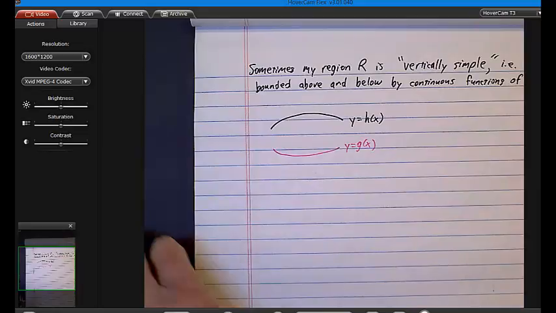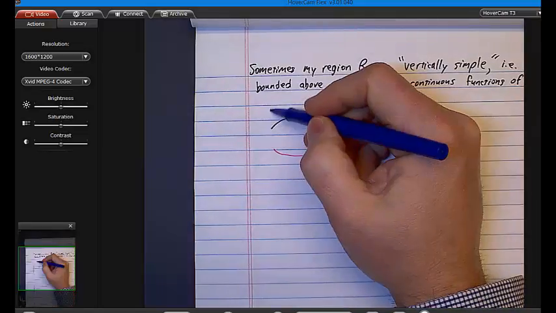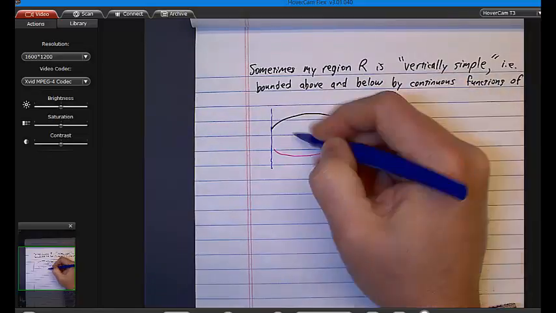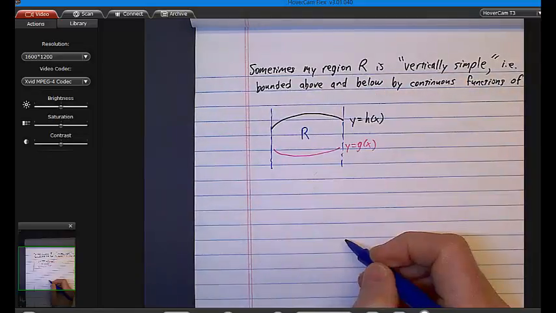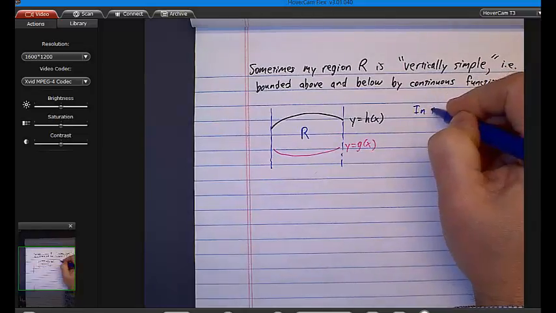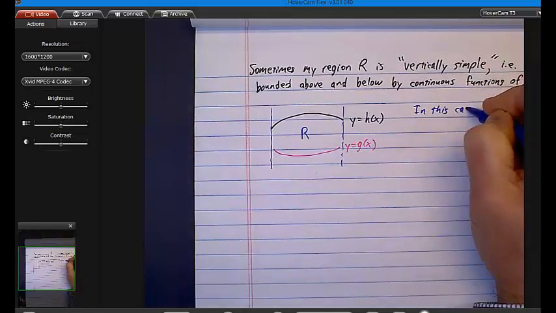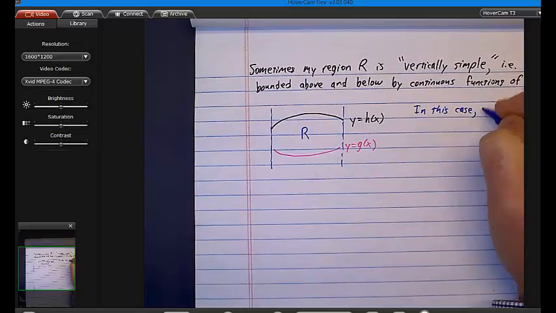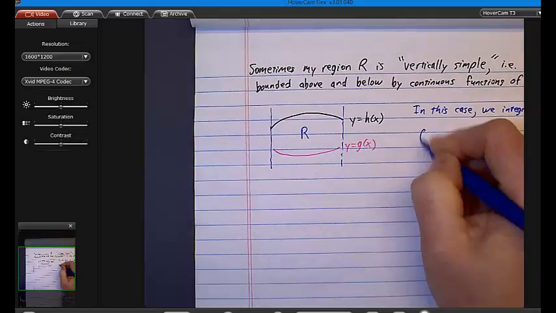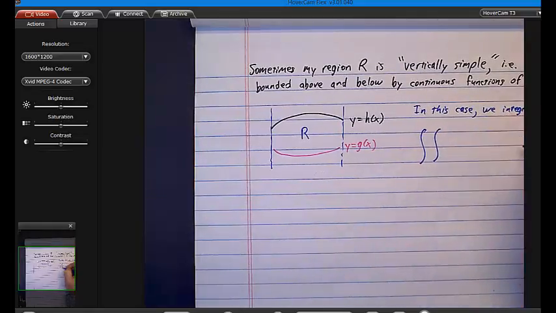And so the question is, in this situation, if this is my region R, how are we going to integrate? Do you guys think I'm going to want to do dy dx or dx dy?